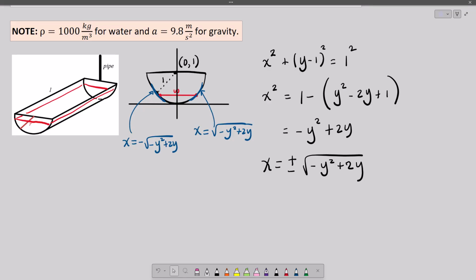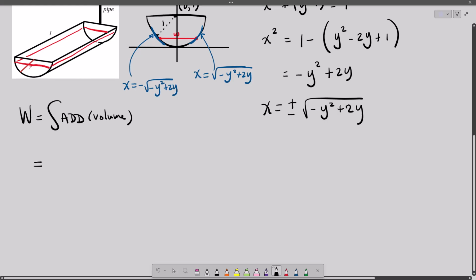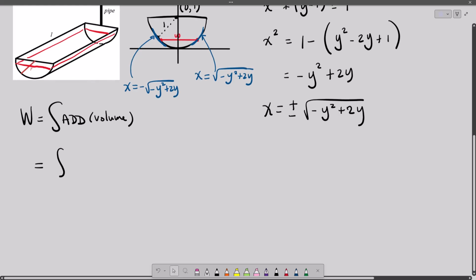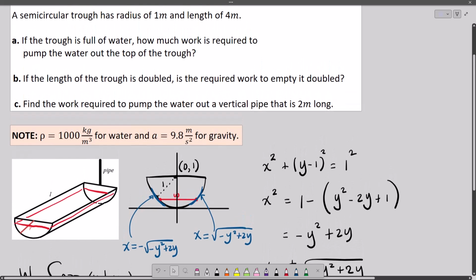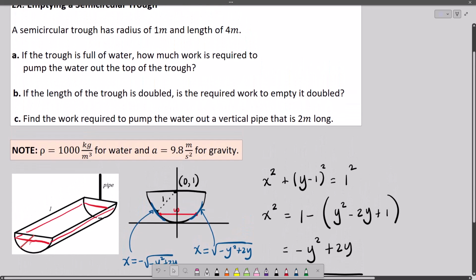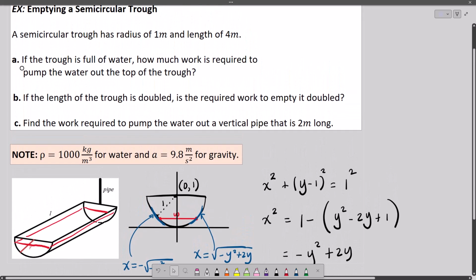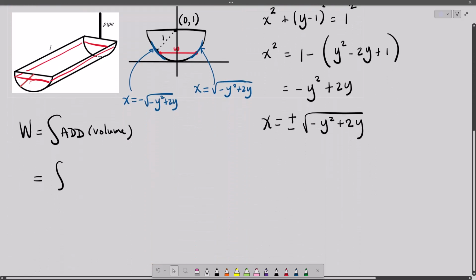All right. So now we have enough information to start filling in our blanks. So we write our generic formula down. Writing the generic formula down is always a good idea. So the integral. We want to empty the entire trough. It's filled with water. We want to pump it right out the top. All right? So what should our limits of integration be?